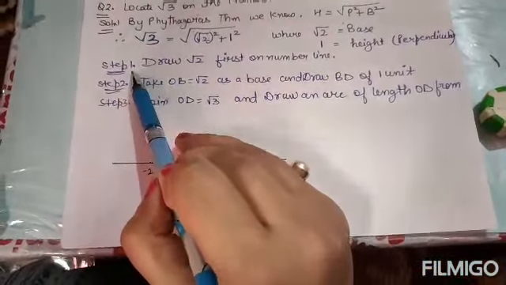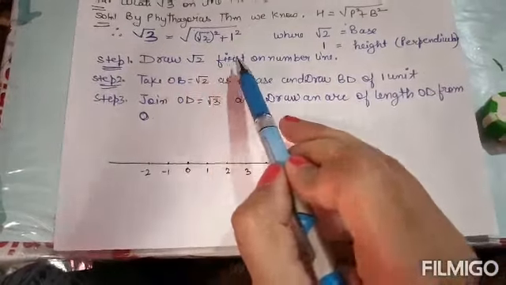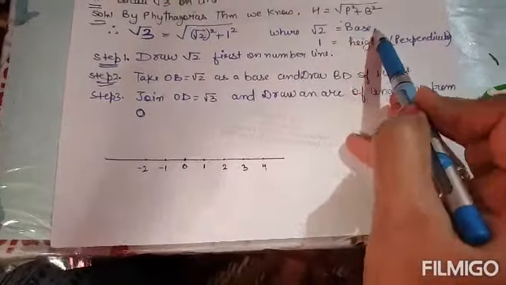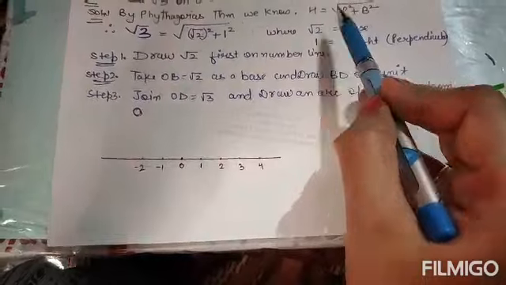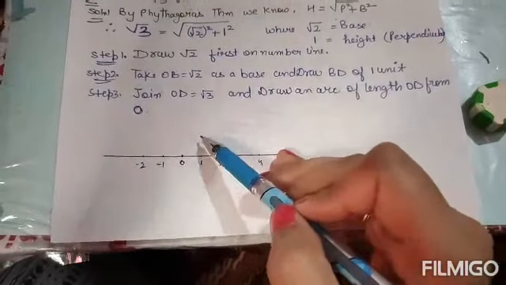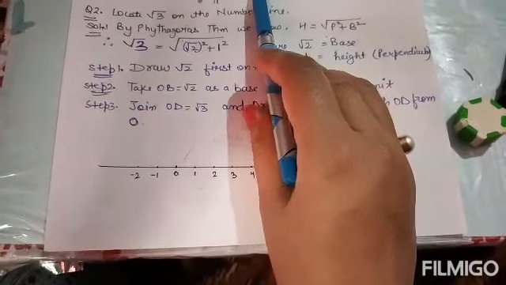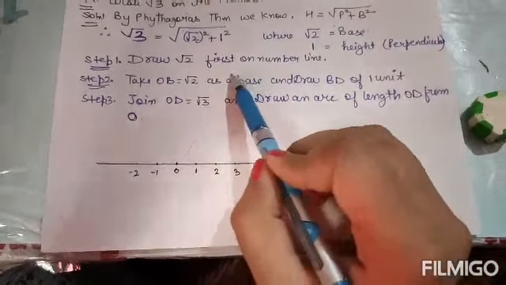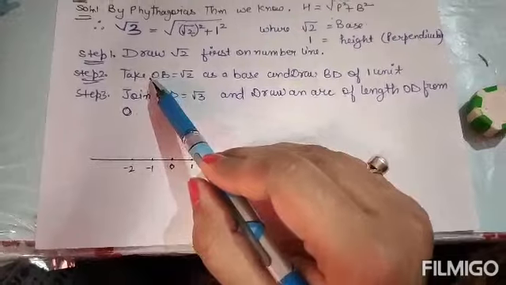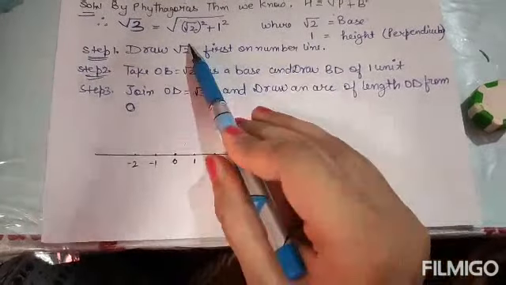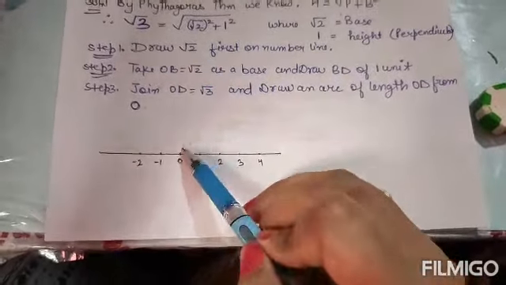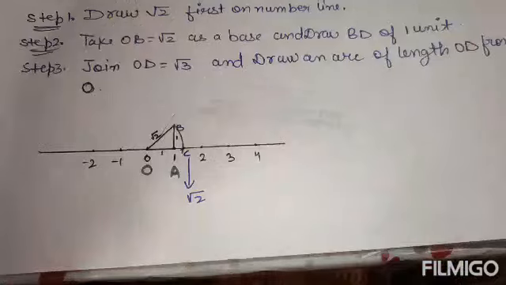Our first step will be to draw root 2 first. Look, we have to draw root 2 as a base. So firstly, we should have root 2 on the number line, and we know how to make root 2. We have done the first question. So firstly, we will construct root 2 on our number line again.